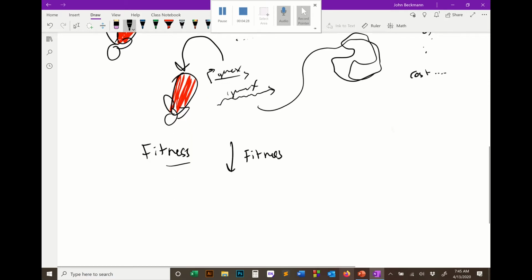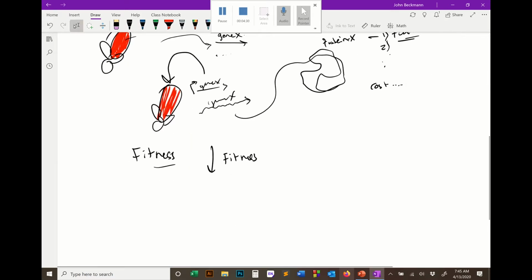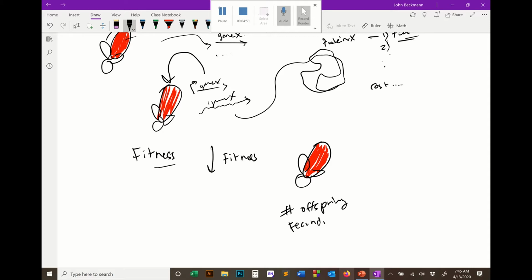And fitness can in many ways be an abstract term. Let's imagine a scenario that would talk about fitness. Let's imagine a scenario where we compare the fecundity, which is the number of children, the number of offspring. Let's compare the fecundity of a wild type, WT, to the gene X transgenic type.